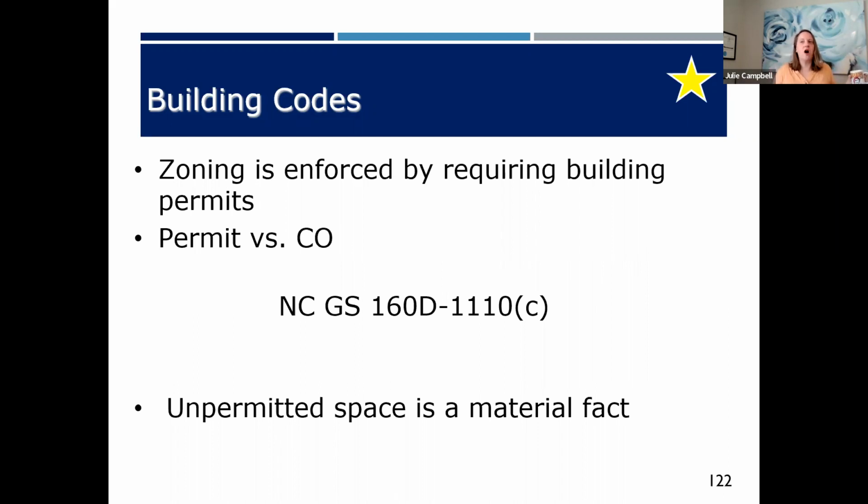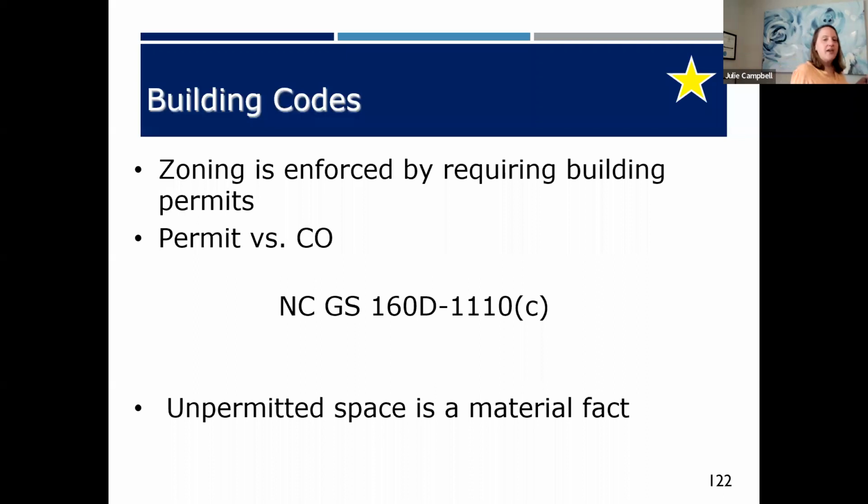As agents, we've got to ask questions. When we're with the sellers, before we list the property, we need to ask, is there any unpermitted space? Did you do any work that you didn't pull permits for? And if we see things that look newer than the rest of the house, our little red flag should go up, and we should be prepared to ask some questions.